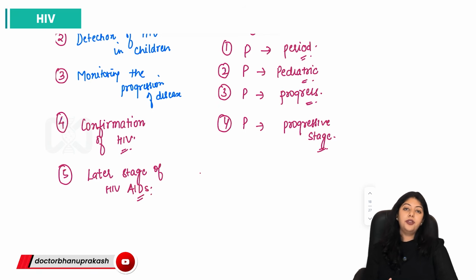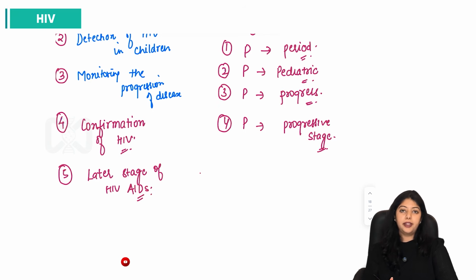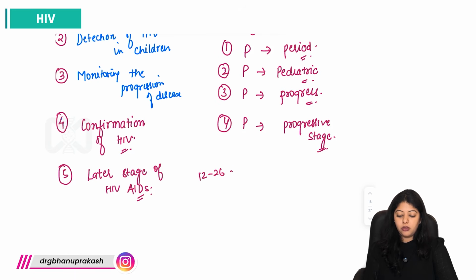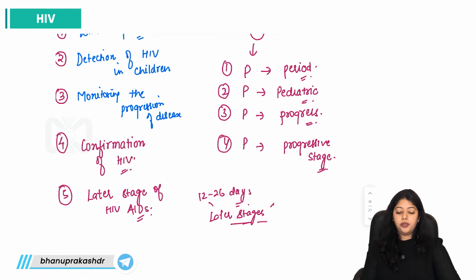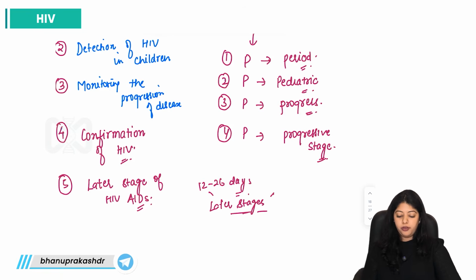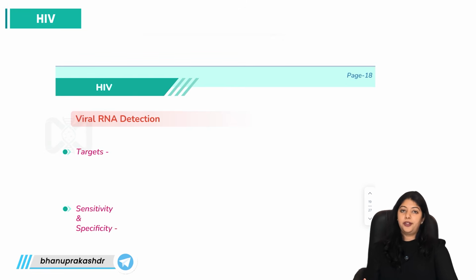Because we have already discussed that P24 antigen not only increases during the 12 to 26 days of infection, but it is also increased in the later stages as well. Right? So this was about the importance of P24 core antigen.